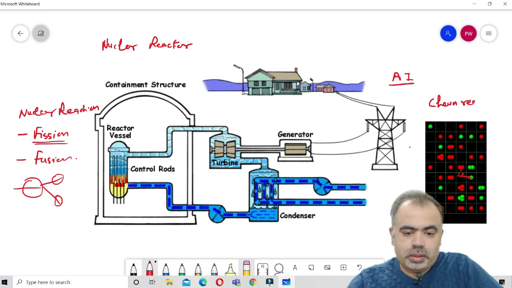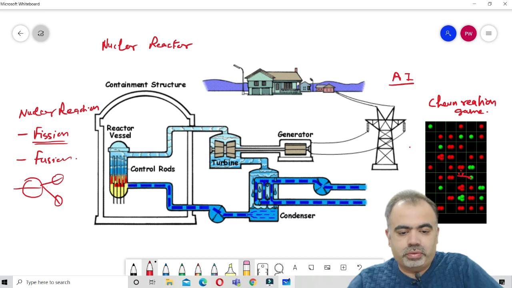In this game, the two players try to win by moving their own dots.